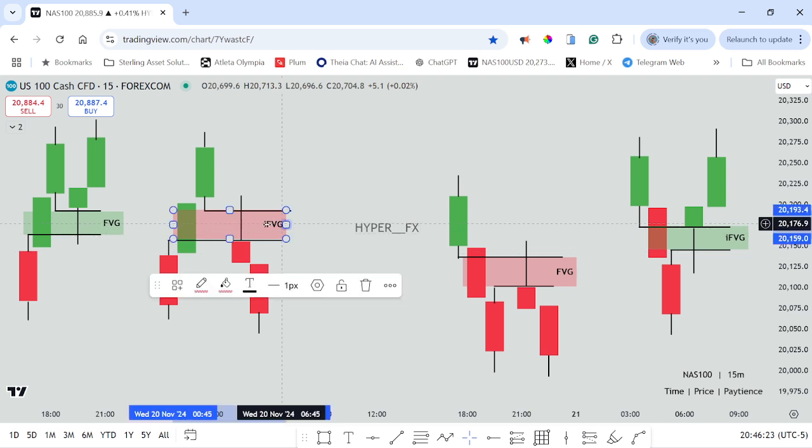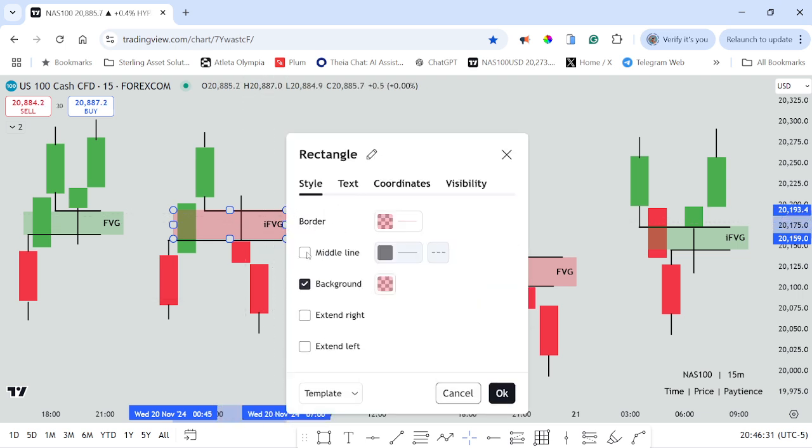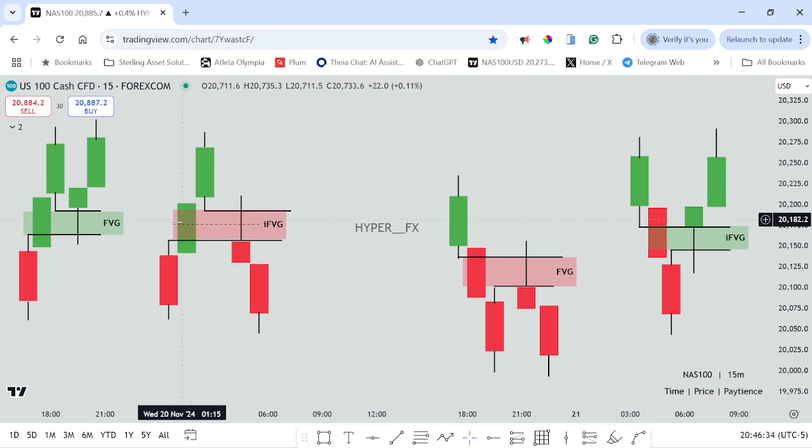What I would normally do is I'll have my consequent encroachment line, because that is my favorite place to take my trades from, the middle line of the inversion fair value gap or of fair value gaps.